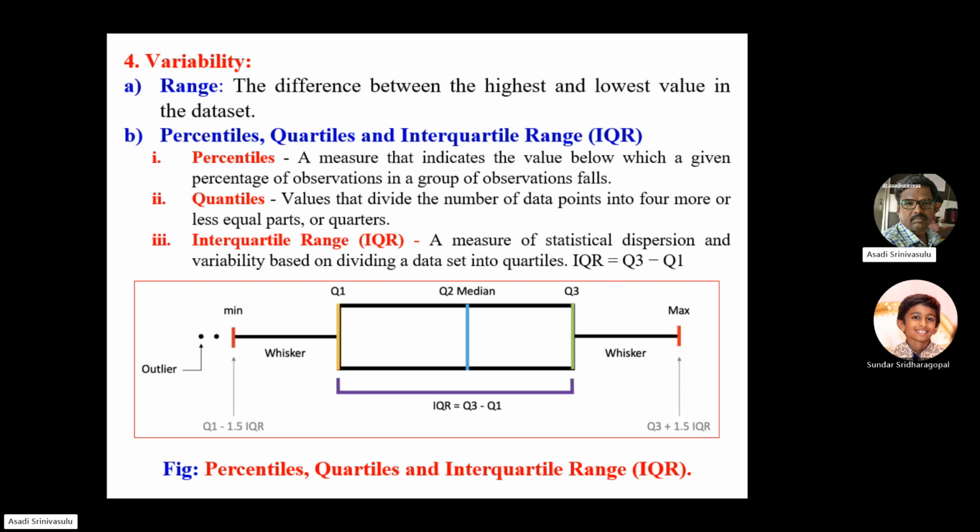Q2 is the median, and below Q1 we have the minimum value, and after Q3 we have the maximum value. Q1 minus 1.5 IQR gives the minimum value, and Q3 plus 1.5 IQR gives the maximum value.